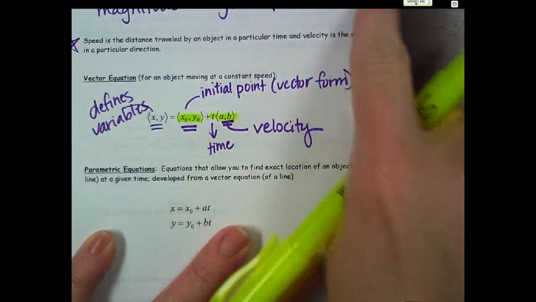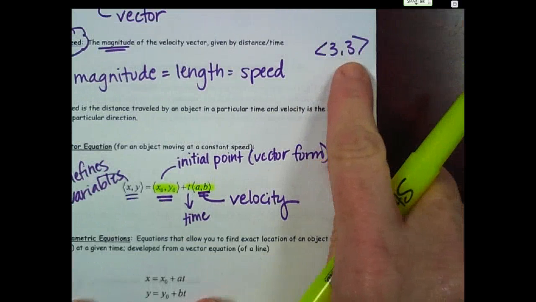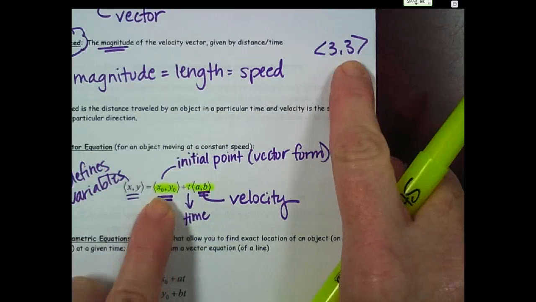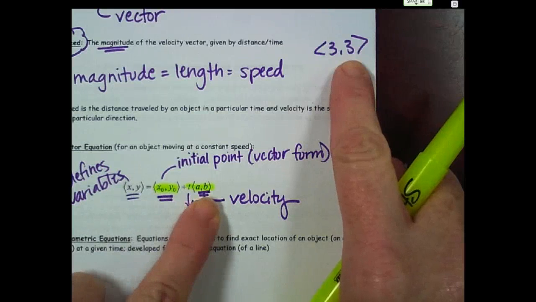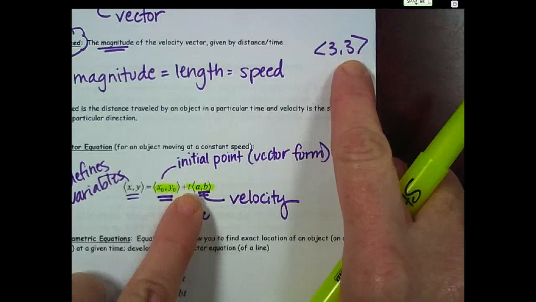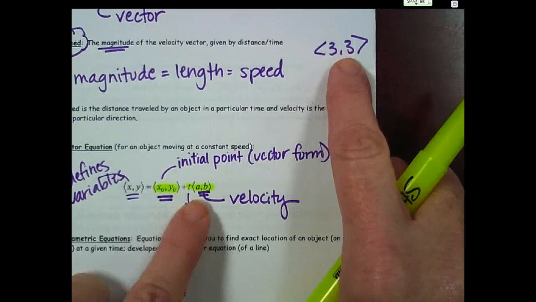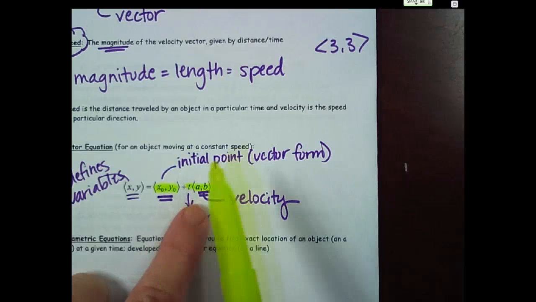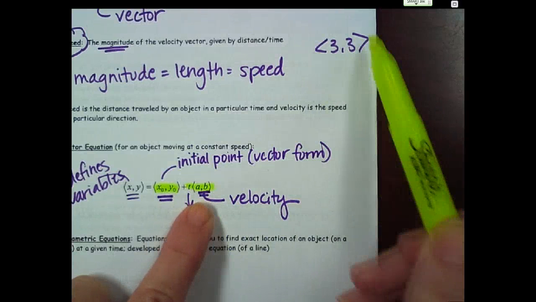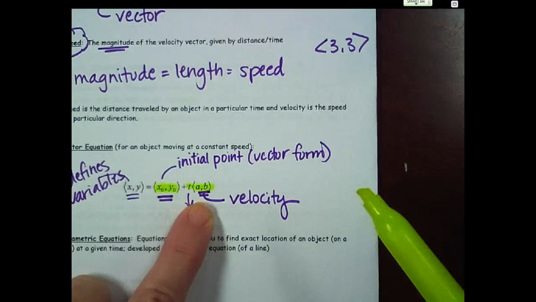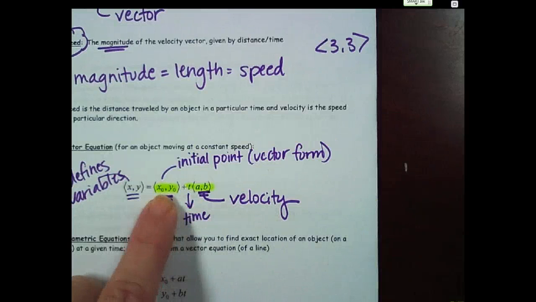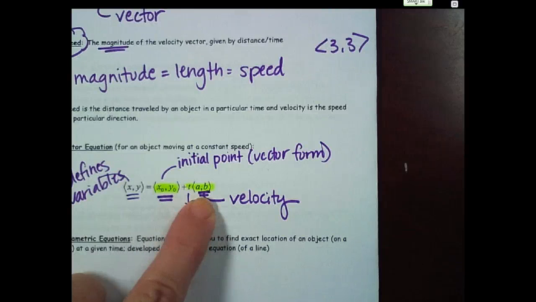So if we use 3, 3 like we talked about yesterday, and I start at 0, 0, in one jump I'll be at 3, 3, correct? But what if my time was 2? What if I made 2 jumps? I wouldn't be at 3, 3 anymore. Where would I be? 6, 6. What if I wanted to find out where I was in 10 jumps? What would I multiply 3, 3 by? 10. So that's why it means multiply. t is time, times however many jumps you make. That's what the formula means: where you start, plus the velocity times however many jumps you make.